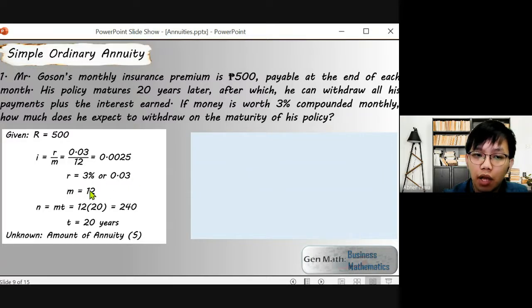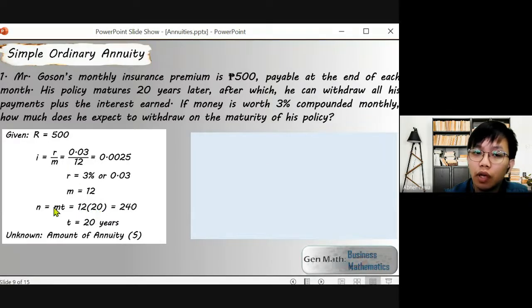And the value of m, it says there that it is compounded monthly. Pag monthly yan, the value of m will be 12. So just divide the two values. Therefore, the value of i will be 0.0025, and the value of n will be, okay, the policy matures at 20 years. That will be our length of time. So that is 20 times the value of m that we have used in solving the value of i, that will be 12.